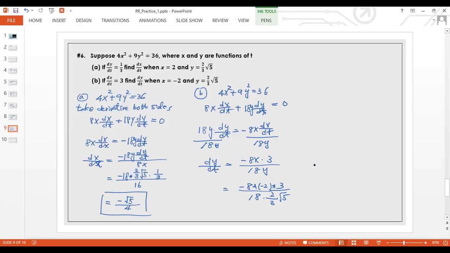If we simplify this, we will get 4 over square root of 5.